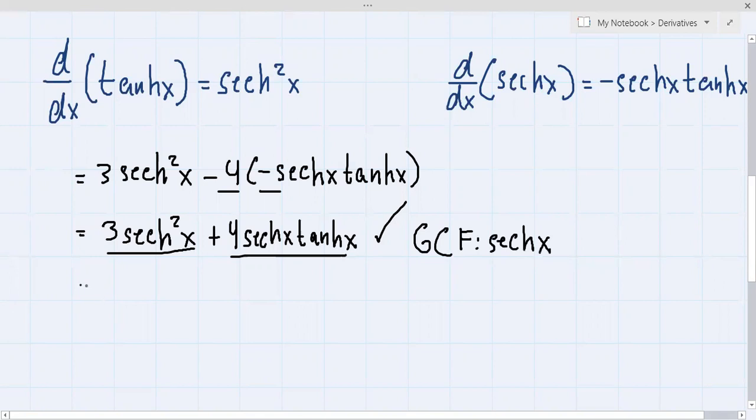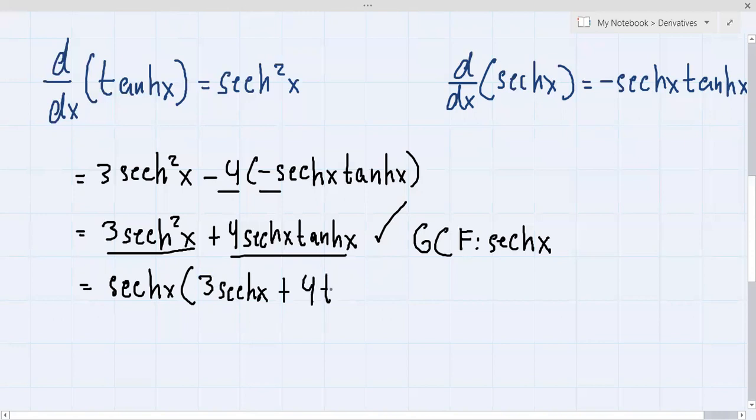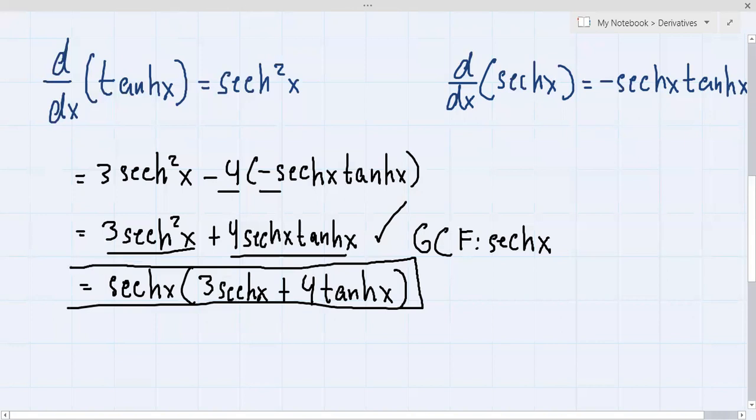So, kung ganun, ang mangyari dyan, we will have secant hx times quantity, 3 times secant hx plus 4 times tangent hx. Ayan. So therefore, we can now leave this as our final answer. Para sa akin, pwede na to. But if you wish to convert it into hyperbolic sine and hyperbolic cosine, then it's clearly up to you. But for me, okay na to.